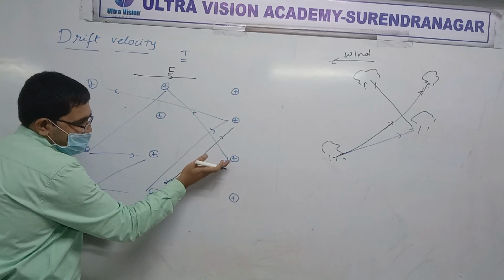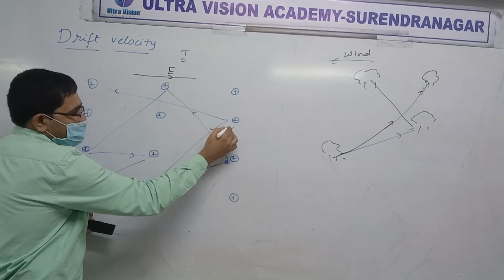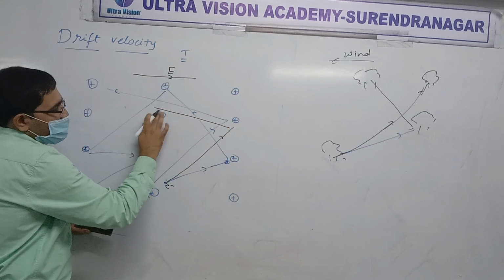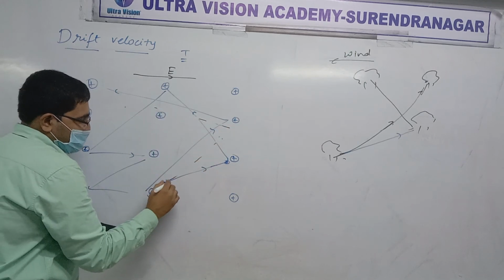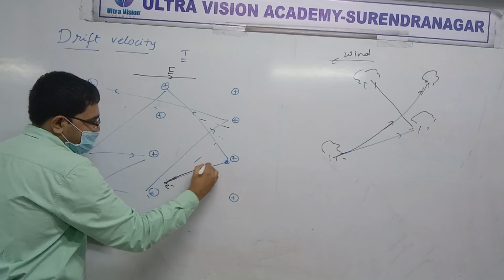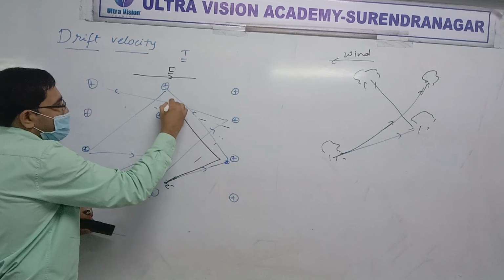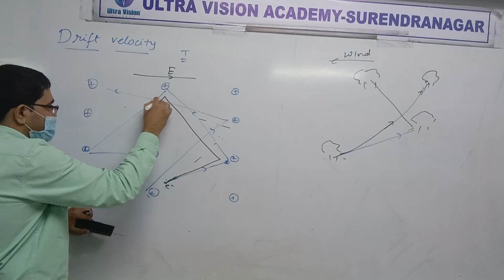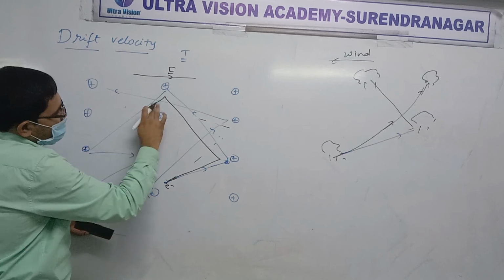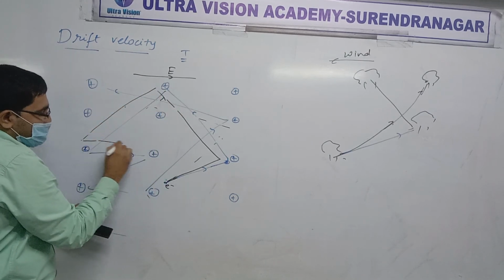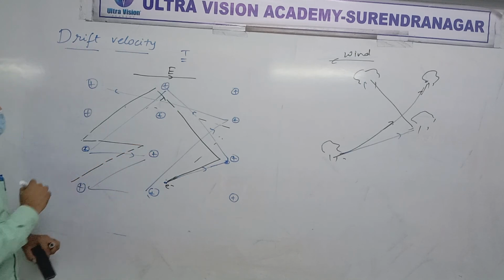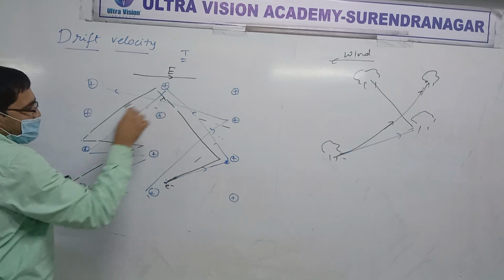Okay, I have drawn an exaggeration, but in reality it would be something like this. Gradually it would have started drifting towards the right side. Make sense? Yes. Compare the two, blue and black.